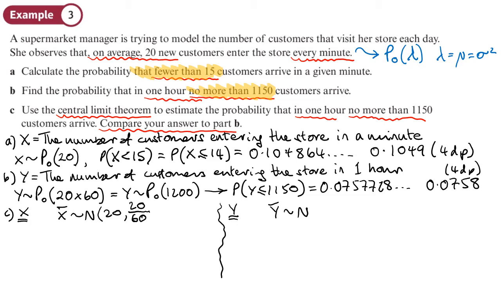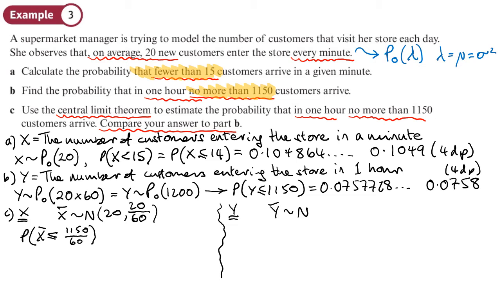Okay. Now, if we're going to be using this time scale as of a minute, then when we work out the probability that no more than 1,150, we need to scale it down, because 1,150 in an hour divided by 60 basically tells you how many in a minute.